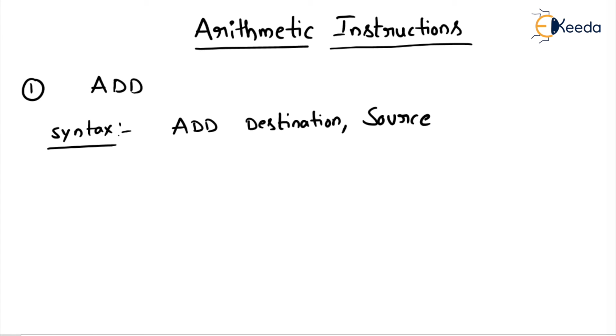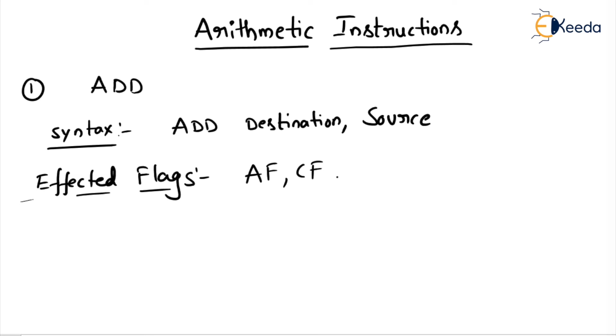Auxiliary flag, carry flag, overflow flag, parity flag, sign flag, and zero flag. 6 status flags are there. So when we perform this arithmetic instruction, some of these flags will be affected: auxiliary flag first, then carry flag, overflow flag, parity flag, sign flag, and zero flag.